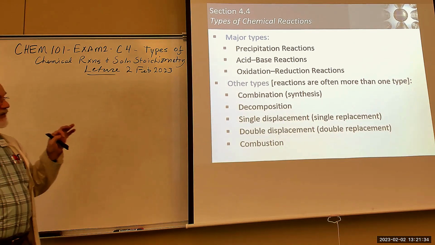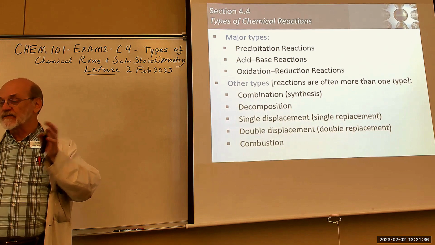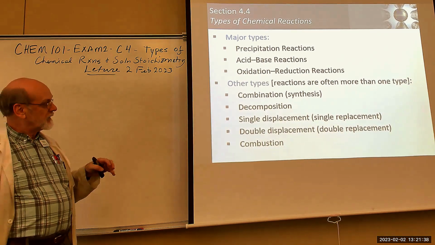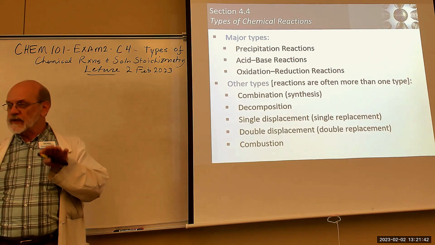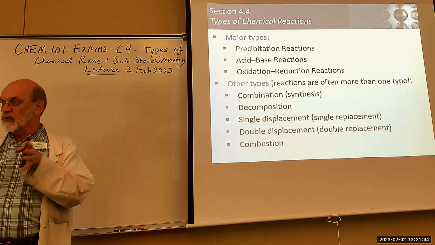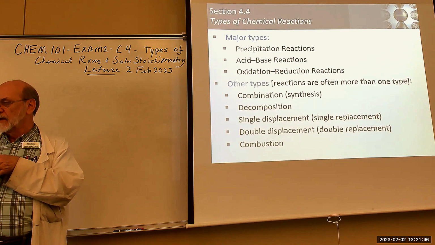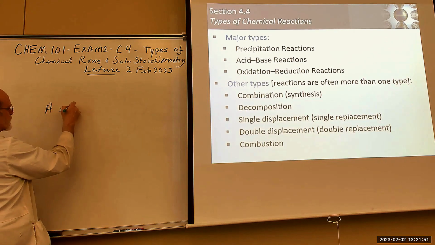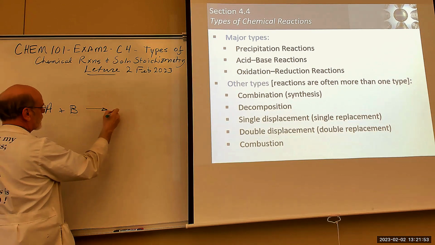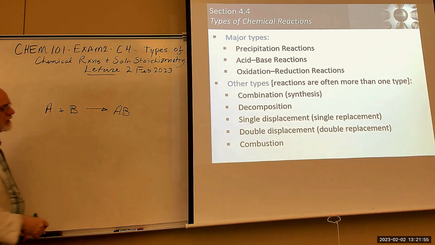Now, sometimes reactions are multiple types. They can be classified multiply. A combination reaction, or synthesis, is when you put two simple chemicals together and make a more complex one. The best example is one element plus another element makes a compound.